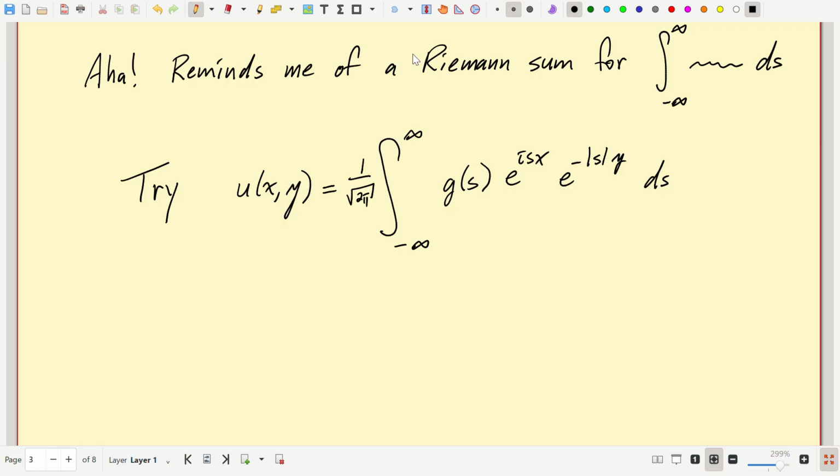That's the big idea. And so you can check, you can take the Laplace operator underneath that integral sign, hopefully. And those things solve the Laplace equation. The e to the i s x times e to the minus absolute s y, they solve the Laplace equation. We made them do that. And so that's going to show that the function u there is harmonic. And the question is, what happens as y goes to 0.